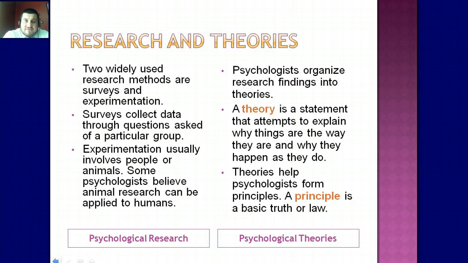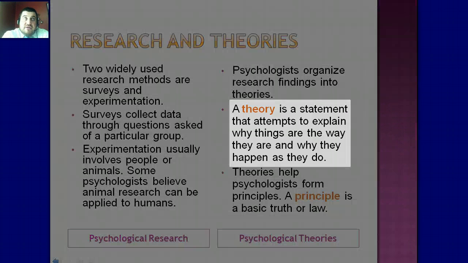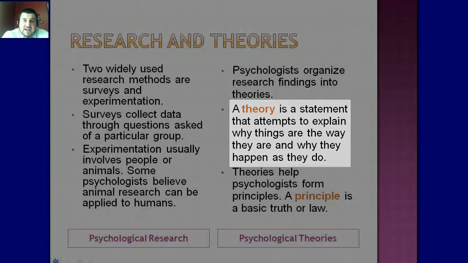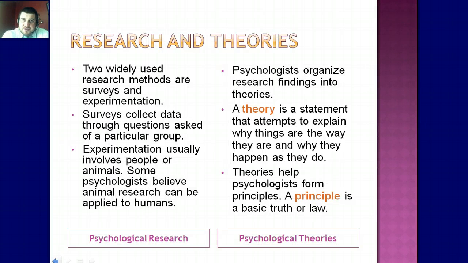And psychologists, after they do their research, organize those findings into theories. So in psychology, we use theories. It's very, very rare that you will ever come across a psychological law, because a theory is a statement that attempts to explain why things work the way they do. There's no way to prove a theory correct in psychology, but theories help psychologists form principles.